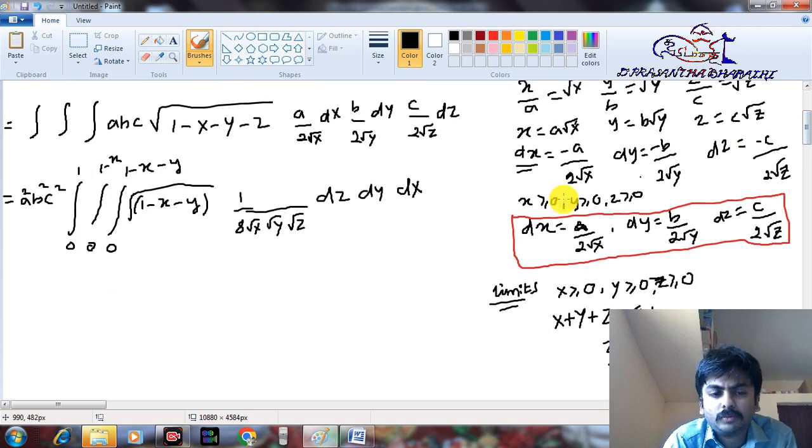Now we shall find the value of this integral. So we have a square, sorry, abc the whole square.